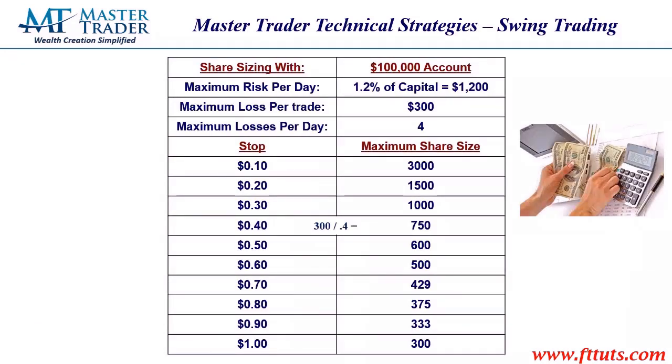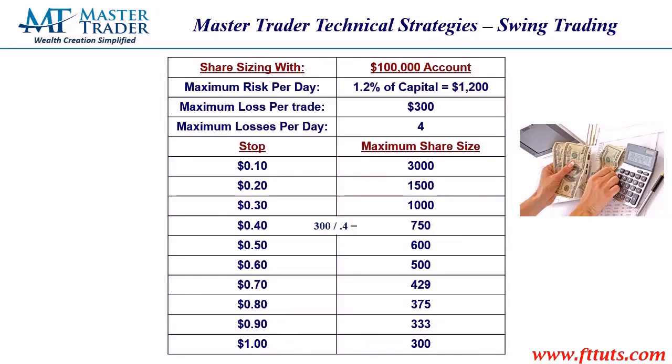Here's an example of a table that you could use for calculating your risk, where you might say, I have a $100,000 account, and I'm going to risk half a percent of that capital, and my maximum loss per trade is $300. So $300 times 4 losses in a day is $1,200. After 4 losses, I don't trade anymore.